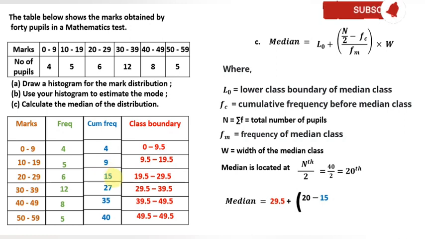Close the bracket, divided by 12. 12 is the frequency of the median class. Remember that we said the 20th term is going to be found here. So the frequency of the median class is 12, not the cumulative frequency this time around, but the frequency. So we'll divide that by 12.